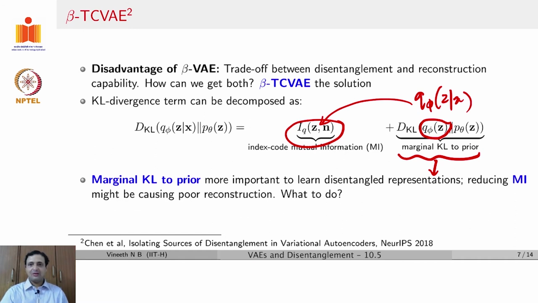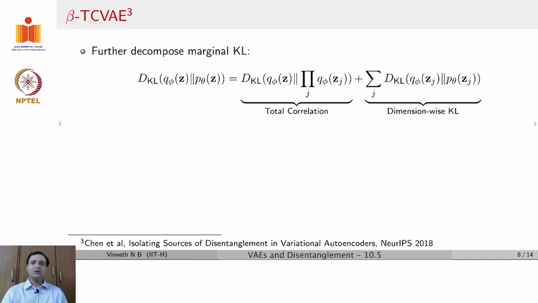Before we do that, we are going to do one more thing, which is decompose the marginal KL divergence even further. The marginal KL divergence can be decomposed into a term which looks at the KL divergence between z, the random variable, and the product of the marginals of each dimension of z.